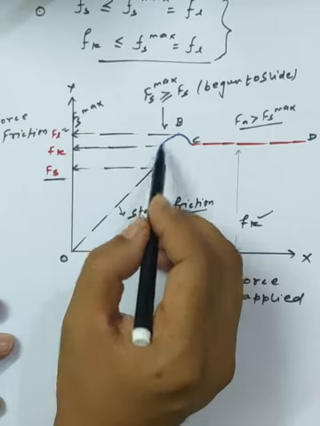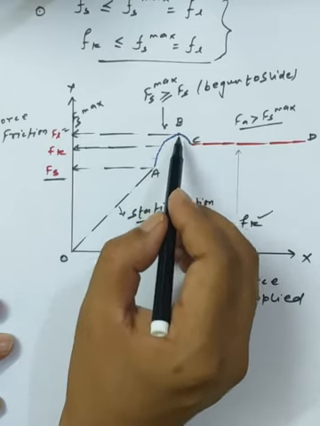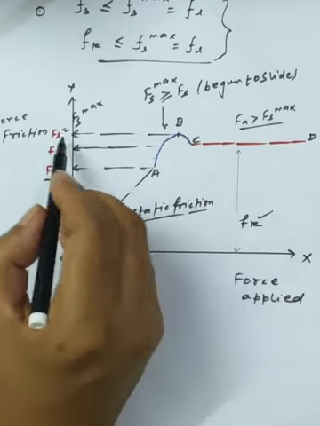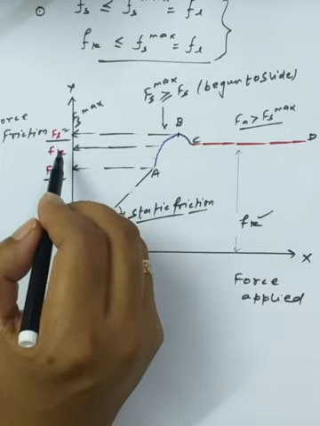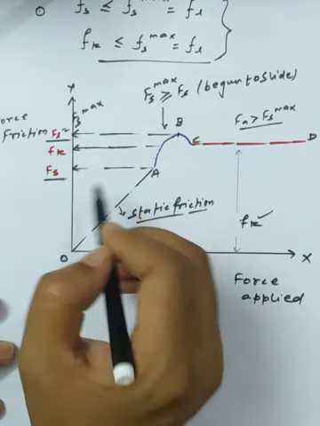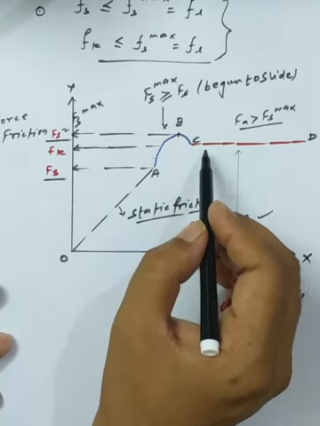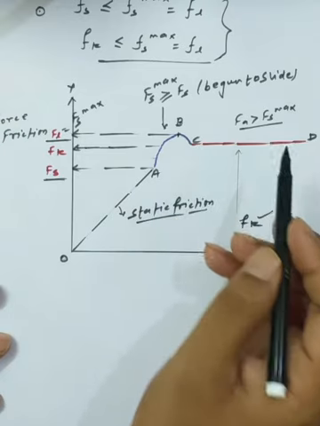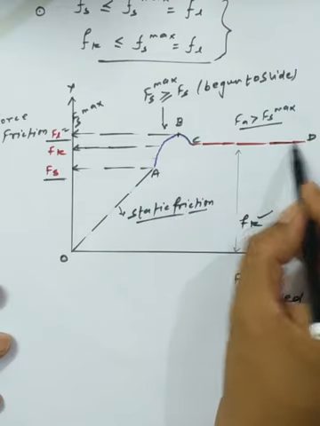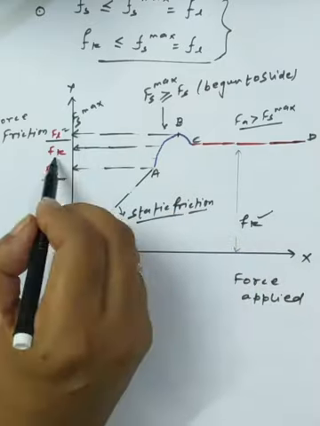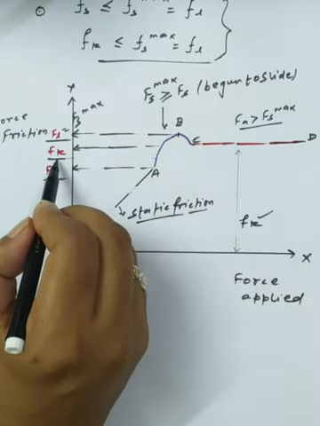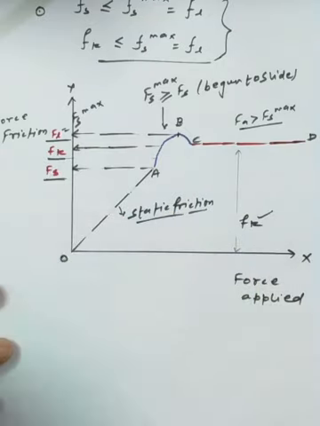Point A to B, the maximum value of static friction, is the force of limiting friction, Fs max. After that, as we keep applying force, the magnitude of friction reduces and the body is in steady motion. The force of friction that acts is called kinetic friction. This is all about the graph.